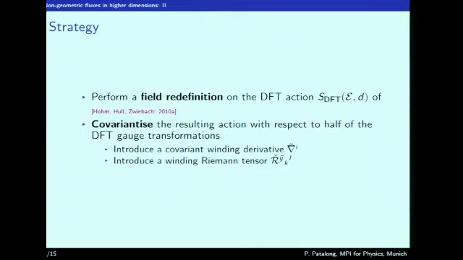And secondly, we try to covariantize the result of this field redefinition with respect to half of the double field theory gauge transformations. That in particular means that we introduce a covariant winding derivative, this object here, and a new winding Riemann tensor, this object here, R check.